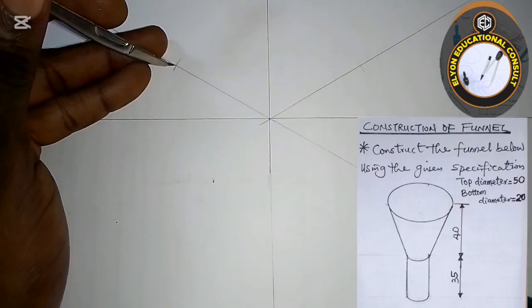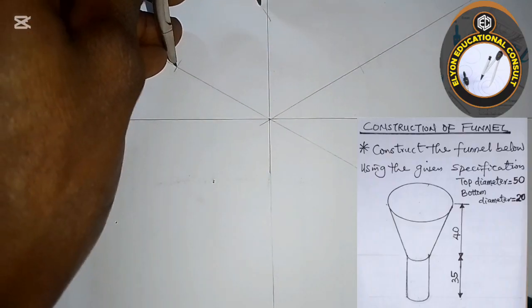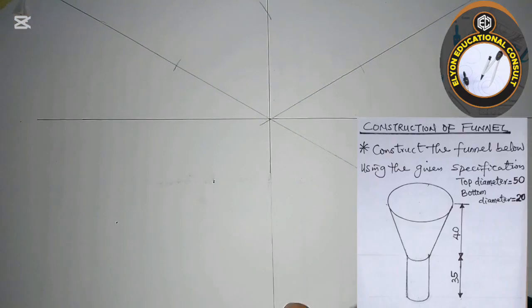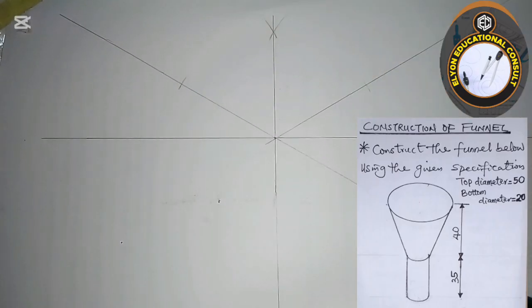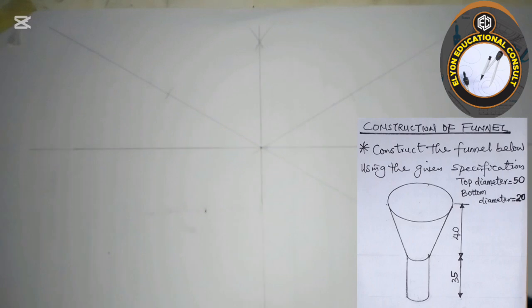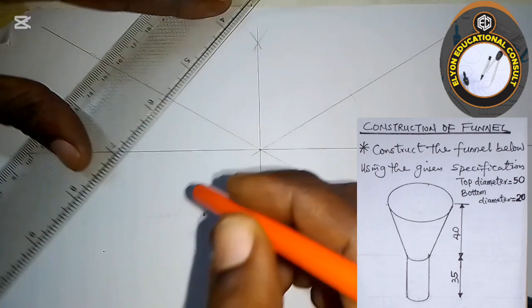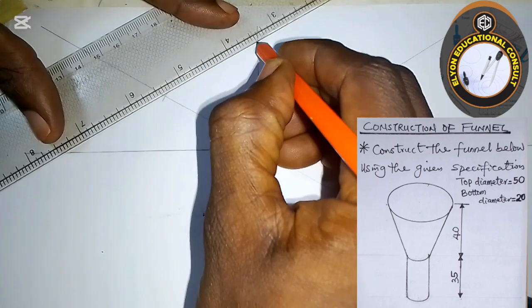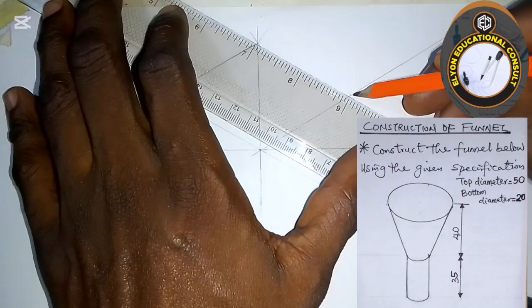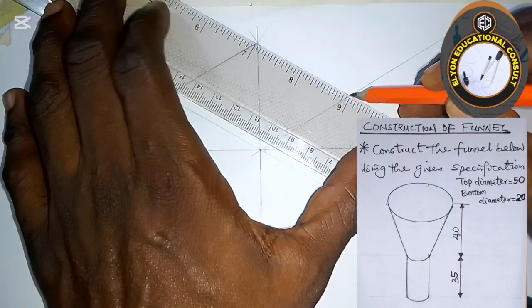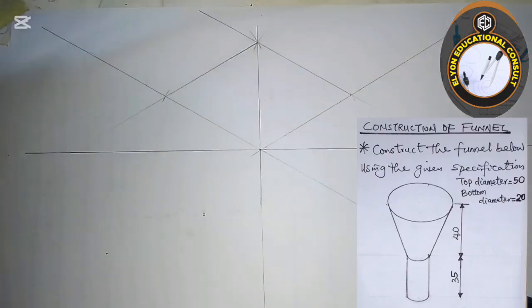Then at this point now, make an arc like this. Then from here, make an intersecting arc that way. Then I'm going to connect this way, then connect for this other side.